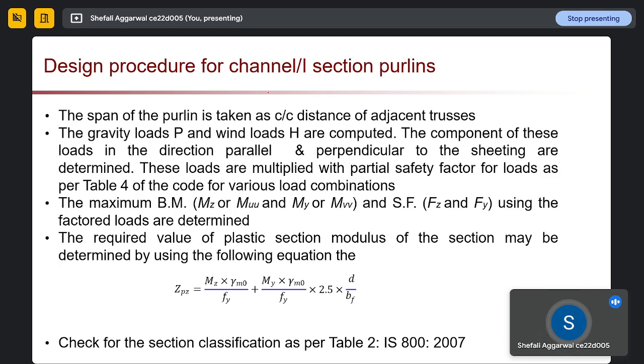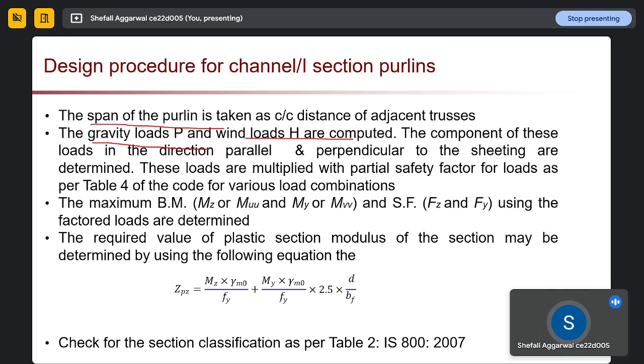First thing is we have the span. We calculate the span. So normally we will be given total length. So center to center distance between two trusses will give us the span of one purlin. Then we will calculate the two types of load: gravity load P and wind load H. And from these loads, we can calculate our P dash and H dash, the formulas we have seen before.